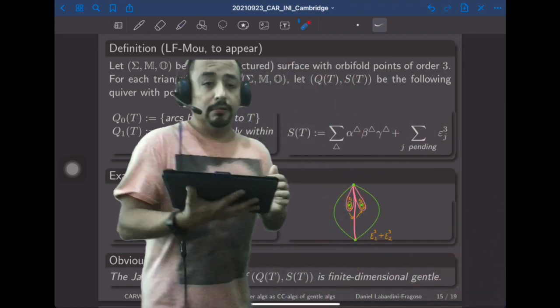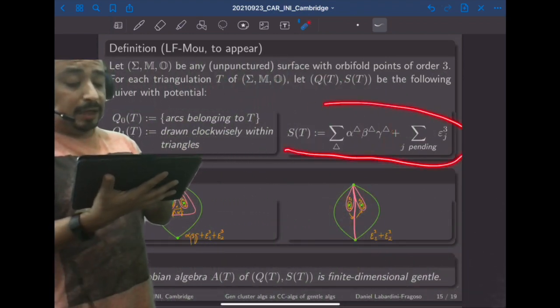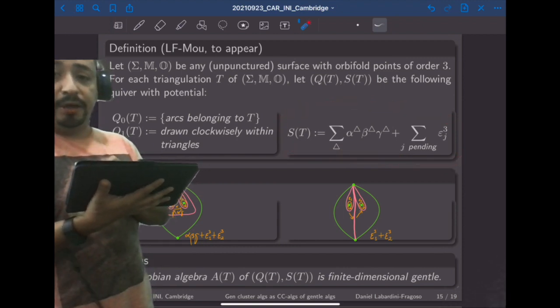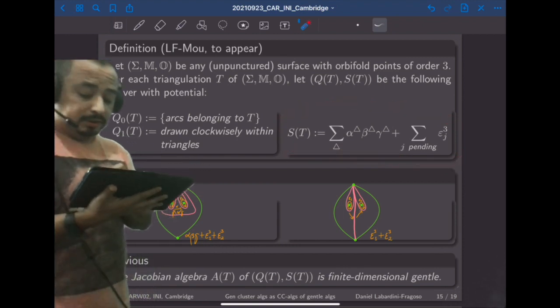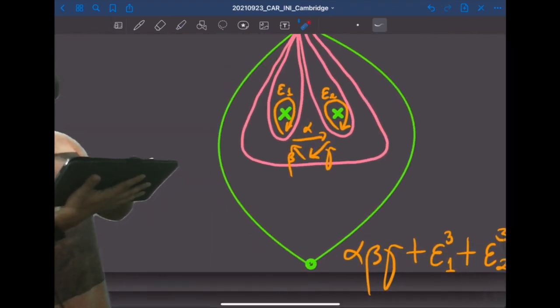In any case, it is somehow the obvious degree 3 potential on the quiver, and here you have some examples.